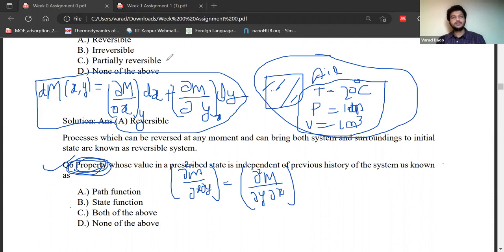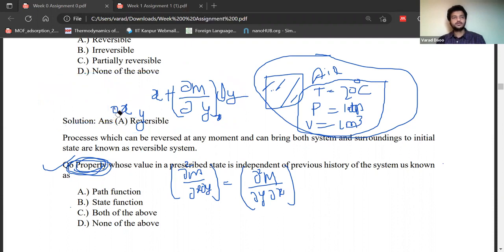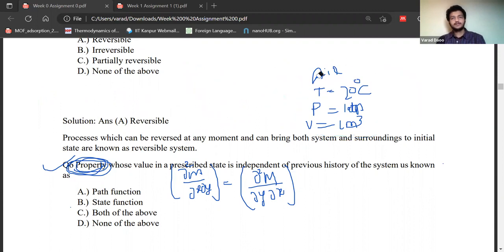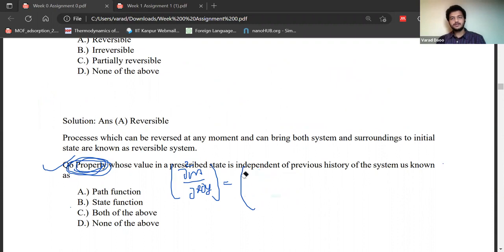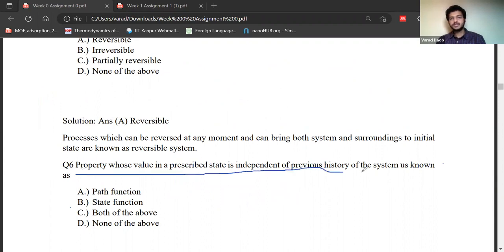Okay. So now let us go back to the question again. Let me first remove this. So we have a property whose value in a prescribed state is independent of the history. So it's a state function.